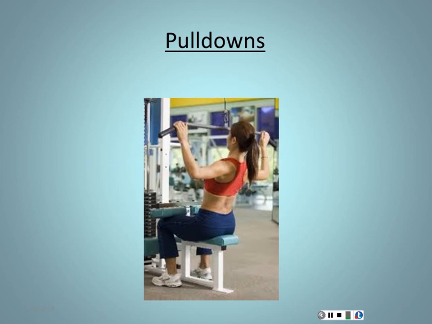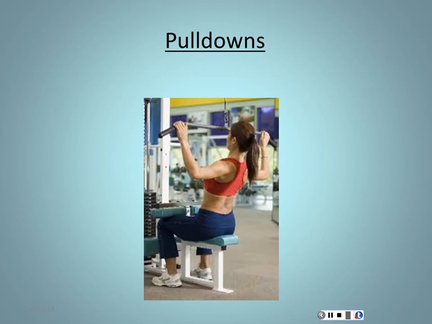A lat pull down. The exercise is basically named for the muscle. I see a lot of people performing lat pull downs incorrectly in my weight training class, or even just in the fitness lab. Because of the position of the muscle, pulling straight down is not really strengthening your latissimus.